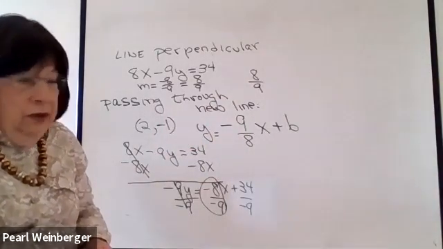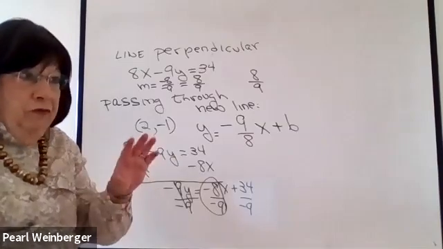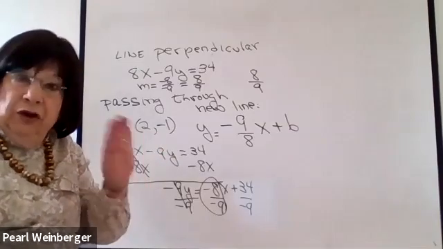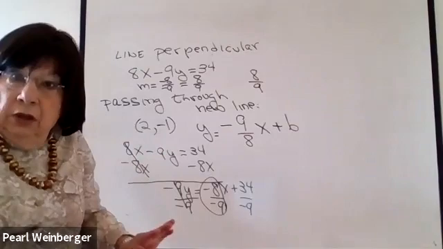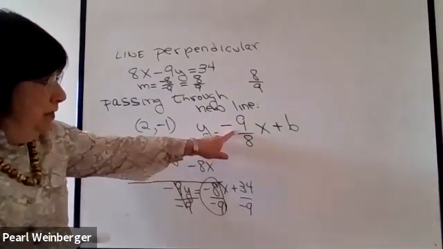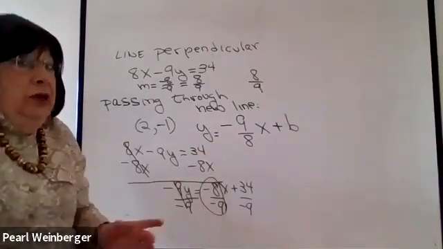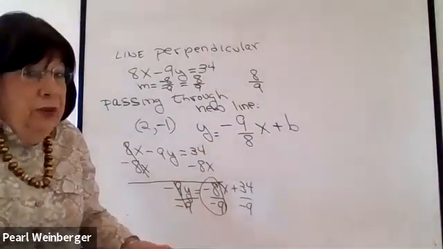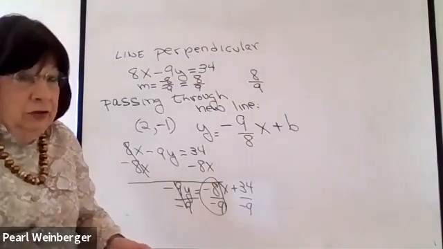Very often, the answers will be 4 different answers with 4 different slopes. If there's only one answer that has a slope negative 9 over 8, you can just pick that answer because that's the only possible right answer.